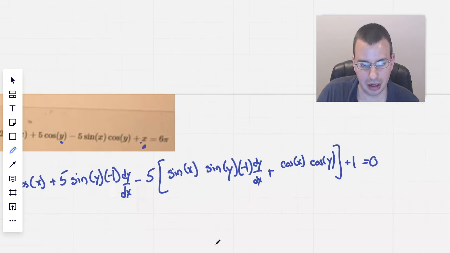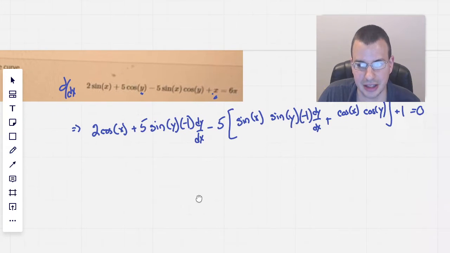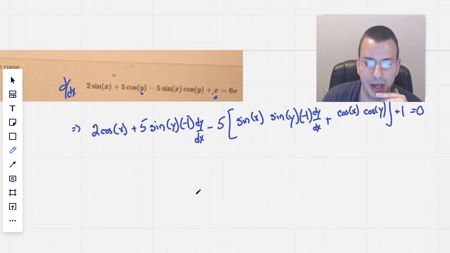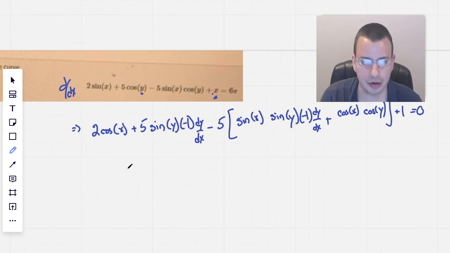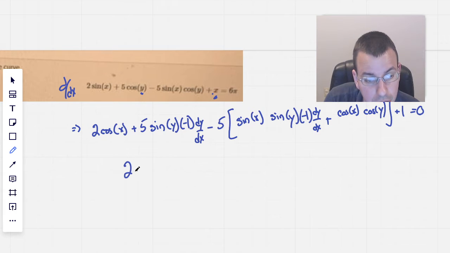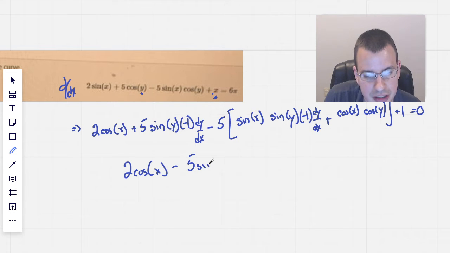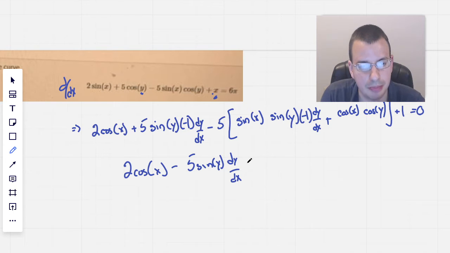You can see this is pretty long at this point, so we're going to try to simplify things and combine terms as much as possible. First I'm just going to write everything out and clean it up a little bit. 2 cosine of x minus 5 sine of y dy dx. That's important.